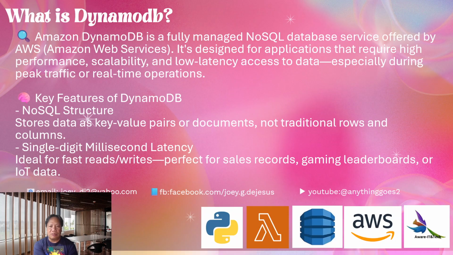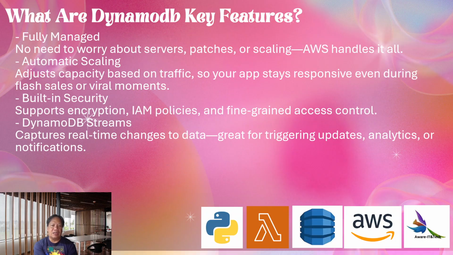DynamoDB is also a fully managed service. You don't need to spin up a server as well. Just like Python Lambda, it is scalable. It scales up and down automatically. It's very fast, fully managed, with automatic scaling and built-in security with IAM.